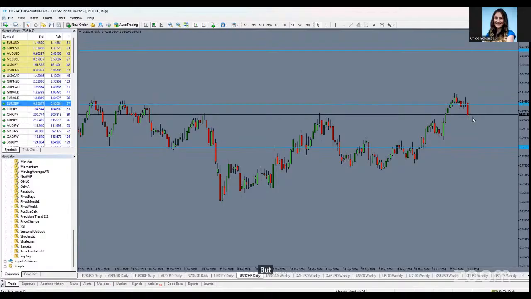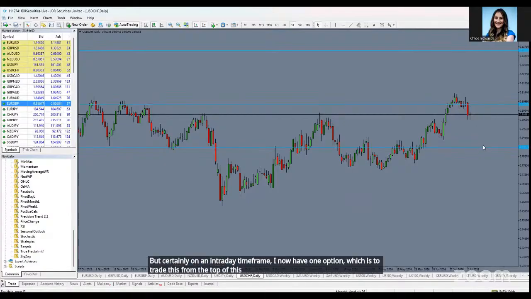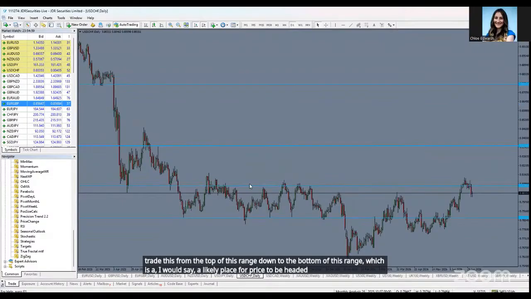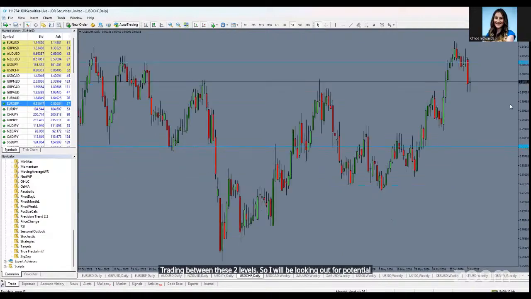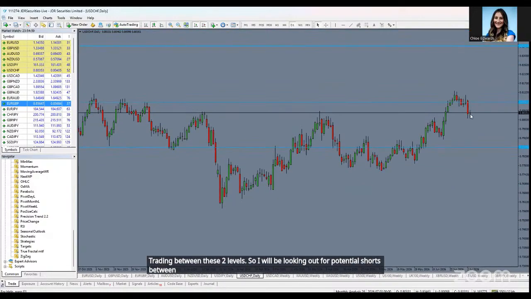But certainly on an intraday time frame, I now have one option, which is to trade this from the top of this range down to the bottom of this range, which is, I would say, a likely place for price to be headed based on the fact that it has spent most of the last year trading between these two levels. So I will be looking out for potential shorts between where price currently is and the bottom of the range down here.